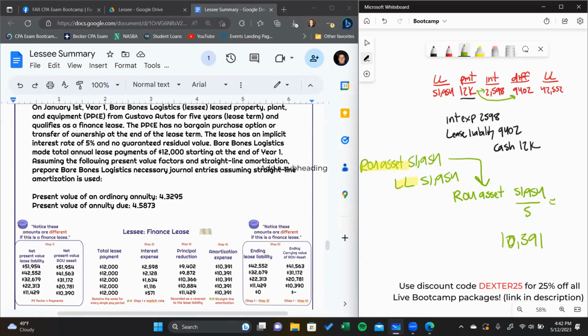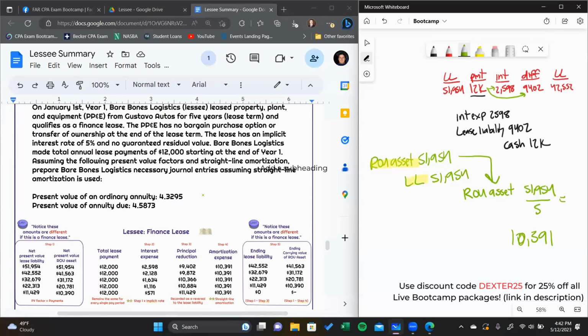So you just take the ROU asset and divide it by the number of years in the lease term. That gives you the amortization. Then we debit amortization expense for 10,391 and credit accumulated amortization for 10,391.